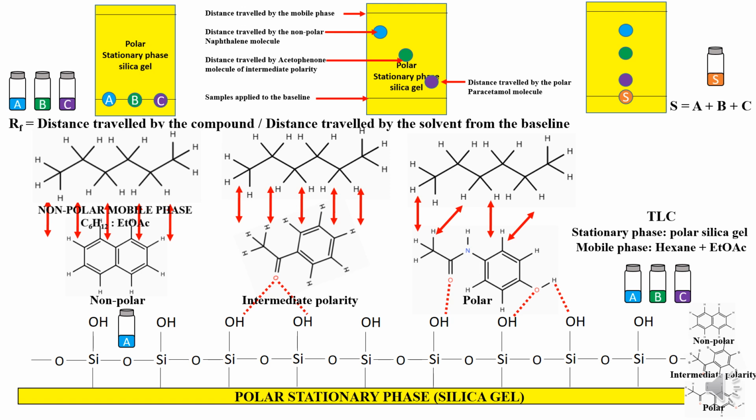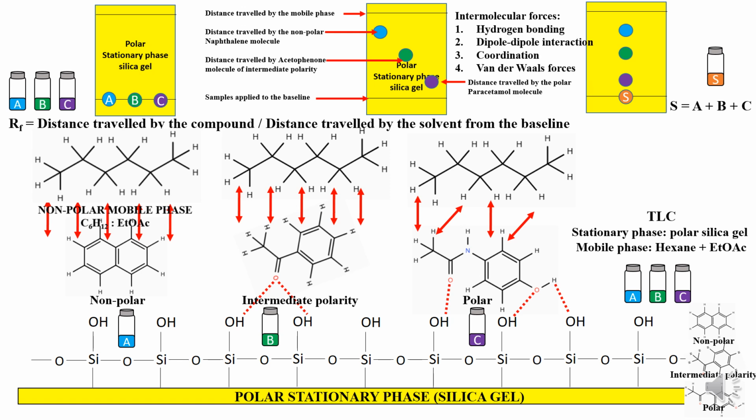Now the non-polar naphthalene molecule is labeled as A. Acetophenone molecule of intermediate polarity is labeled as B. And the paracetamol molecule, which is highly polar in nature, is labeled as C. Now four major intermolecular forces govern the migration of the components over the stationary phase.